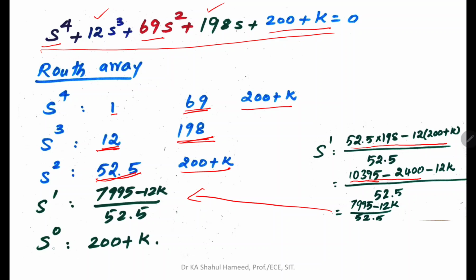In fact, the s power 0 row I have to form by multiplying these elements, assuming the other element is 0.